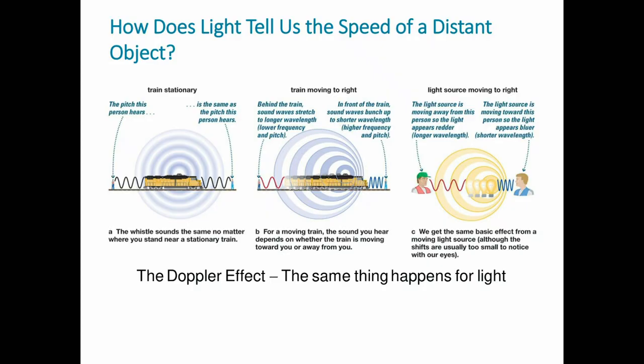But now if the train is moving towards the person on the right, they're going to hear the train horn at a higher pitch, and the person to the left, where the train is moving away from them, will hear the horn at a lower pitch or longer wavelength. And the same thing happens for light. If you have a light source moving towards you, the photons will be blue shifted, or their wavelength will be shorter. And if the object is moving away from you, then the wavelengths will be red shifted or longer.